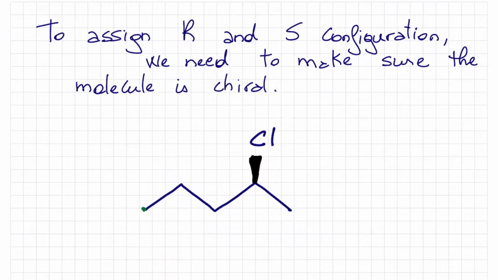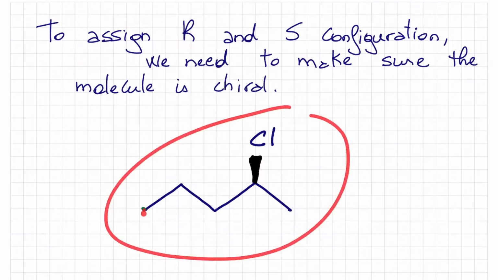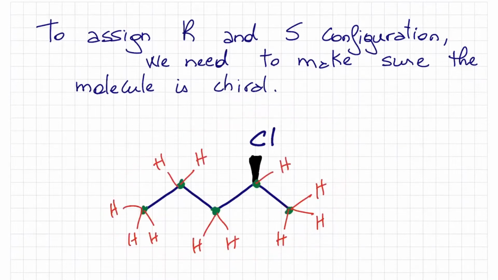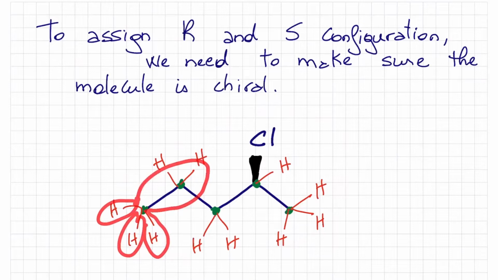So this is the line-bond structure. We agree that each of those corners represents a carbon, right? If I show all the groups so that we can see, let's look for the carbon attached to 4 different groups. For example, at this location, a carbon is attached to 1 hydrogen, 2 hydrogen, 3 hydrogen, and 1 CH2.